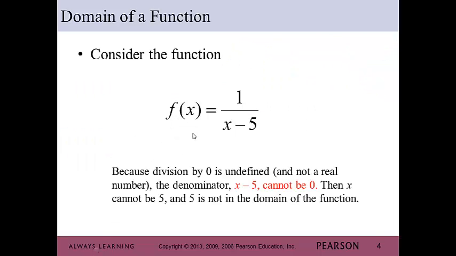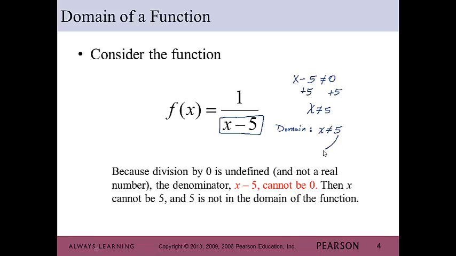Alright, so they say consider the function f of x equals 1 over x minus 5. Notice that we have a denominator. So since we have a denominator, we're going to set it not equal to 0. And then we're going to solve for x by adding 5 on both sides. And we get x does not equal 5. So the domain would be all x values except for x equal to 5.